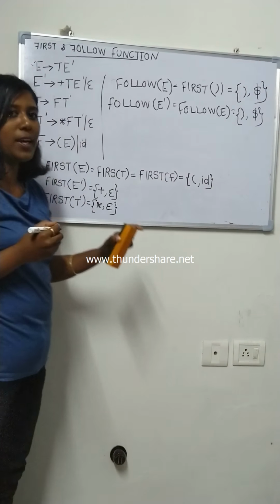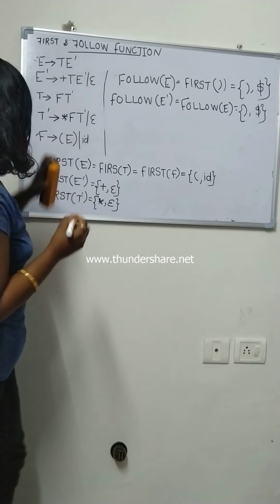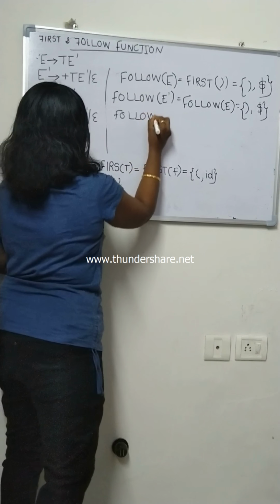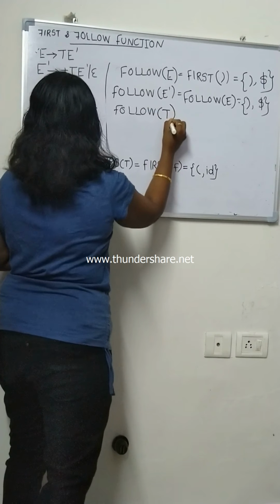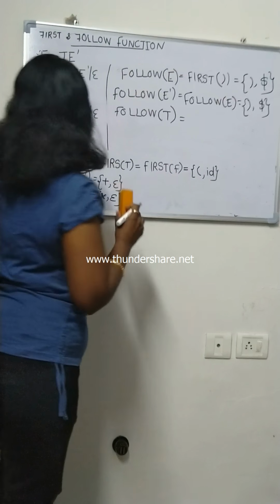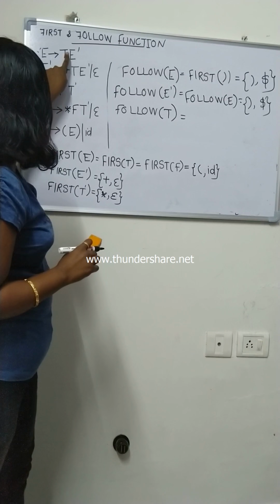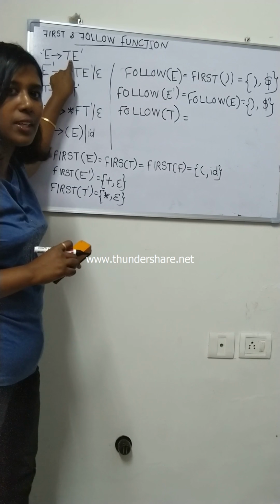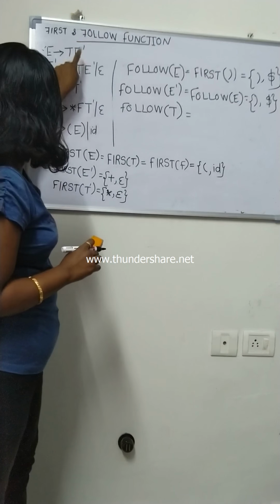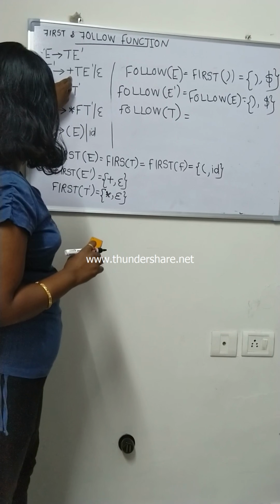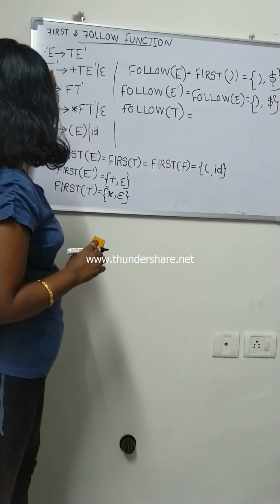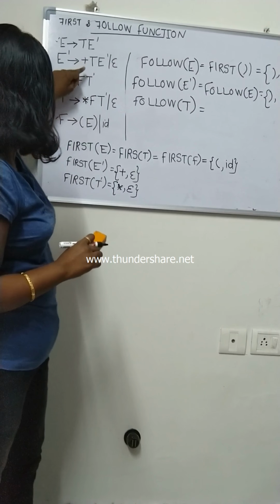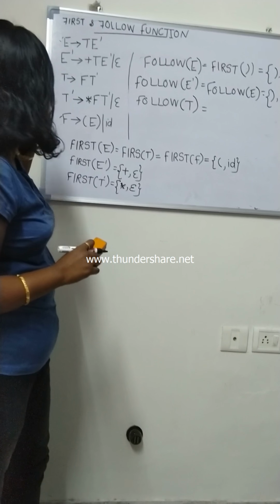Now I am going to find follow of T. I have T here in the first production, T followed by E dash, and one more in E dash derives plus T E dash, and I don't have any more E dash here.